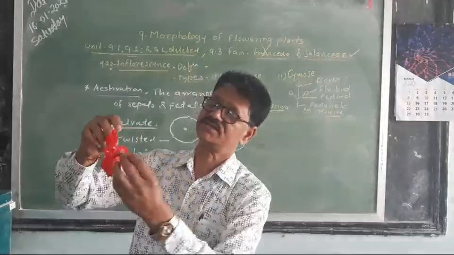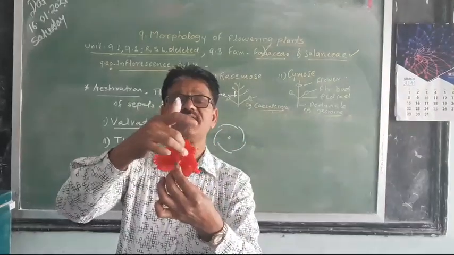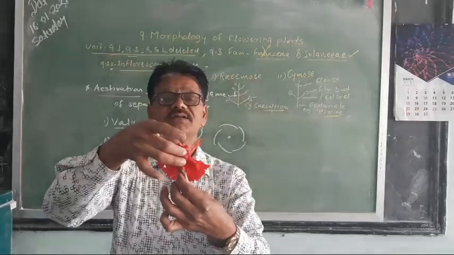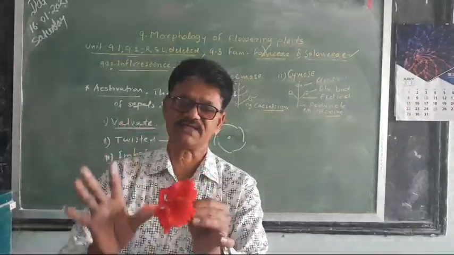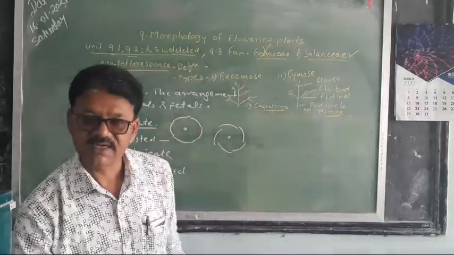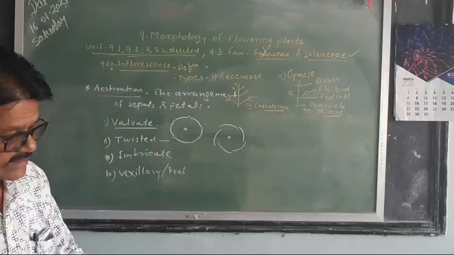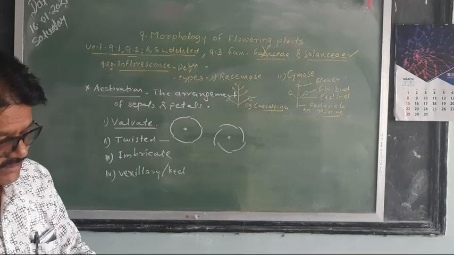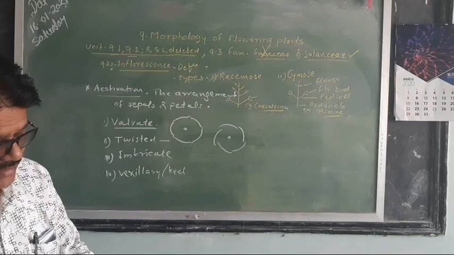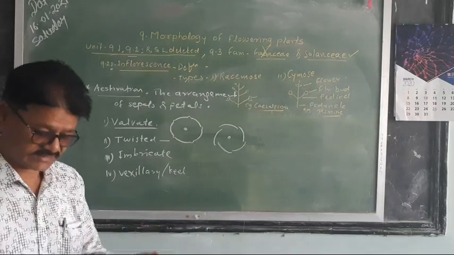Here you can see clearly the margin of this petal overlaps the margin of this petal. Then the margin of this petal overlaps this petal. Like this, they are arranged in twisted fashion. So it is called twisted aestivation. When you take the section, then you can clearly observe such type of aestivation.